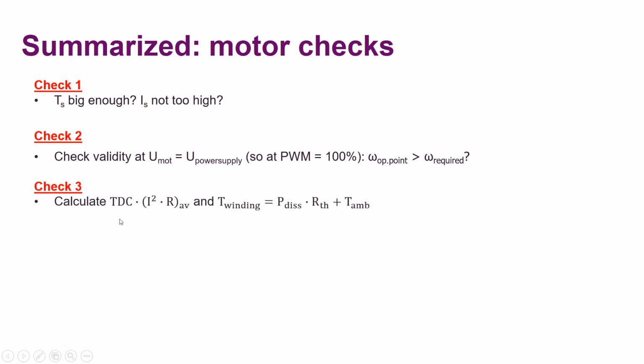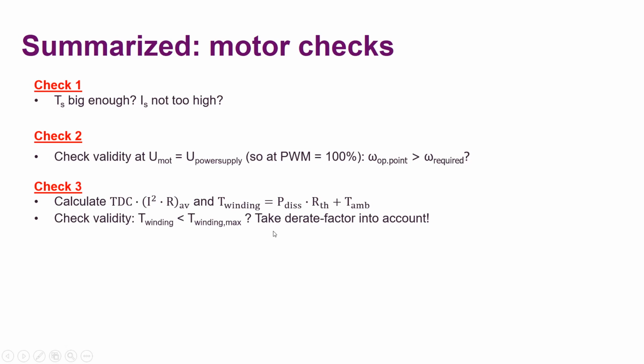Check number 3, check the dissipation, so the torque duty cycle times R squared times R, calculate that and check based on that the winding temperature. You can calculate it by this formula, and you have to take into account all the tolerances you have on your load and on the motor parameters, and check the validity. The maximum winding temperature shouldn't exceed the maximum allowed temperature, and take into account your derate factor.